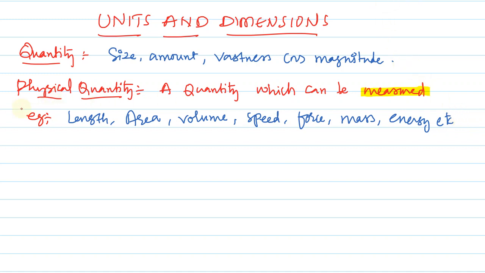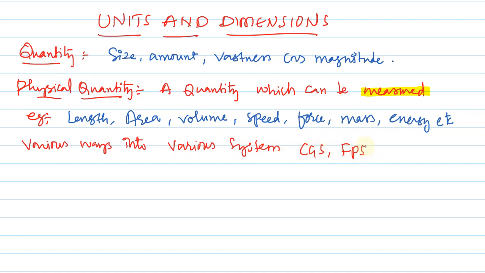Physical quantities are organized in various ways into various systems. What are the various systems? We have CGS, FPS, MKS and SI. But now the scientists of all the countries are following SI for all their research work.